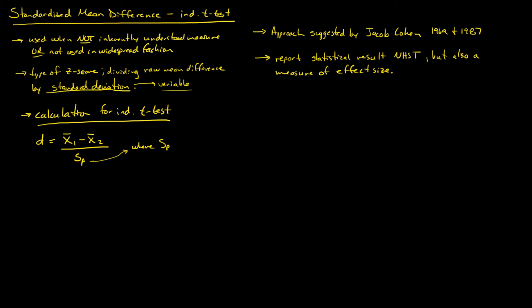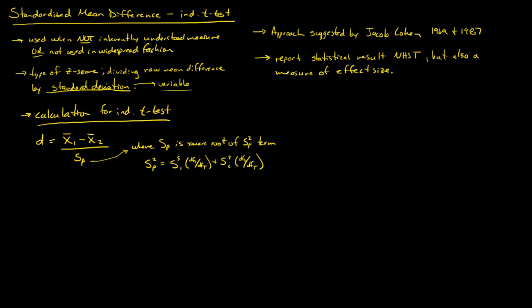S sub p is the square root of this S squared sub p term that you calculated for the t-test. If you remember, S squared sub p was equal to the variance of group 1 multiplied by the degrees of freedom for group 1 divided by degrees of freedom total, plus the variance of group 2 multiplied by degrees of freedom group 2 divided by degrees of freedom total.